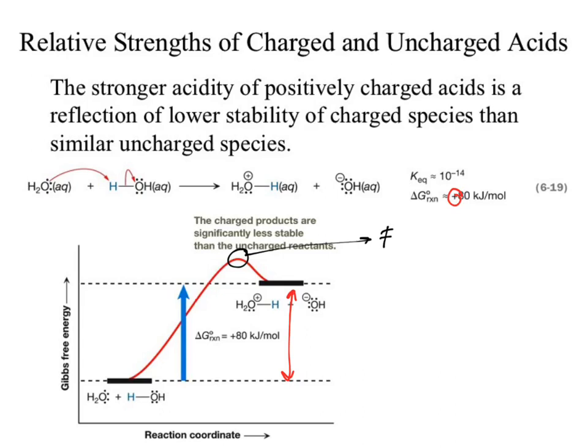There's something known as the Hammond postulate, okay, which is kind of a simple postulate with a bunch of fancy words that ultimately says the transition state, what the molecules look like at the transition state, appear most like the species they are closest to.